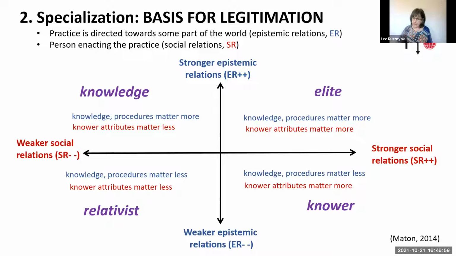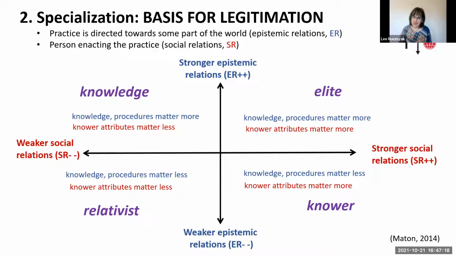In the bottom right-hand corner, the opposite of that, where the knowledge and procedures are not emphasized but the knower attributes are emphasized, that would be a knower code.